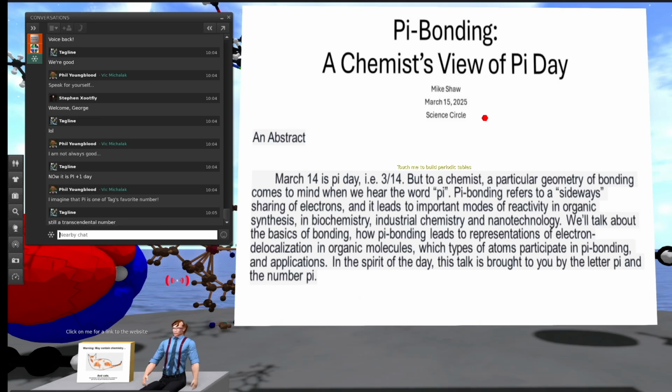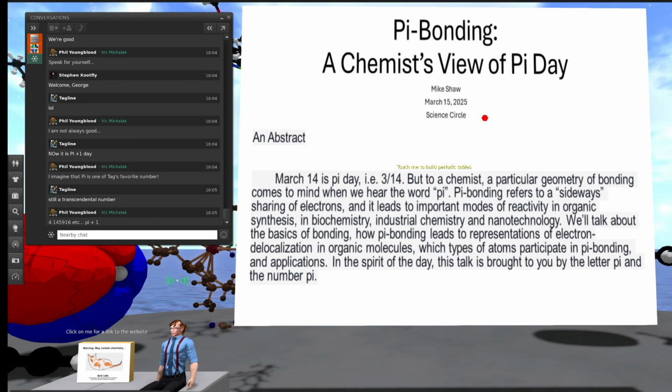Chemists have a view of pi, particularly of pi bonding. So I'm going to take you through some real basic organic chemistry today, and maybe show you some applications and the like.